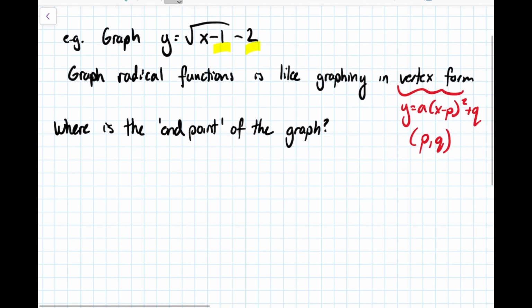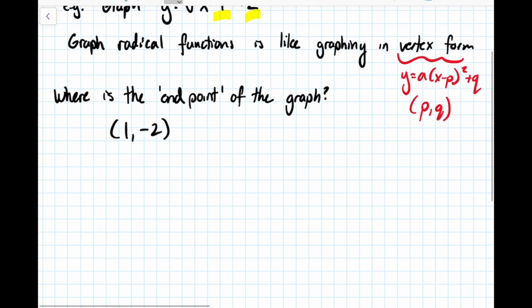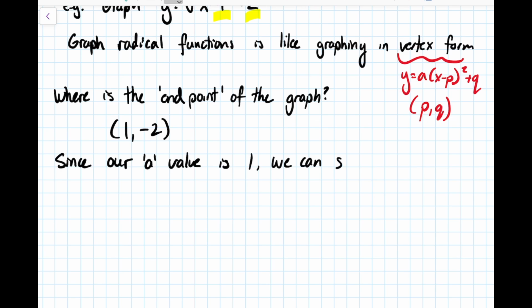So this graph is going to have an endpoint at (1, negative 2), which works just like the vertex. And our a value is 1.